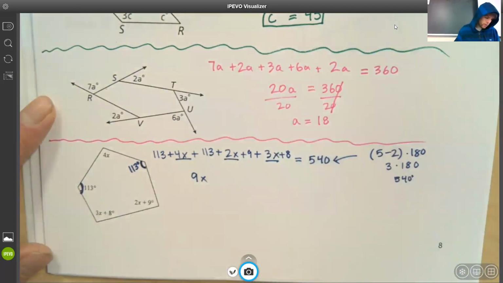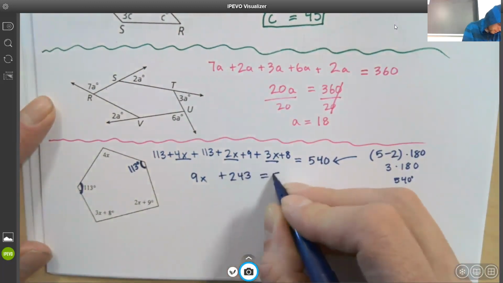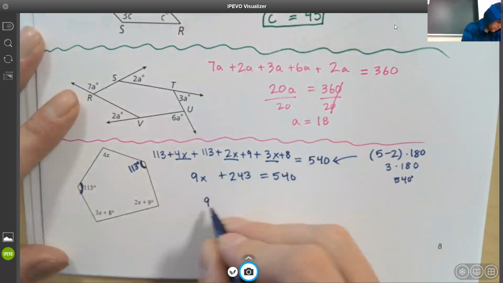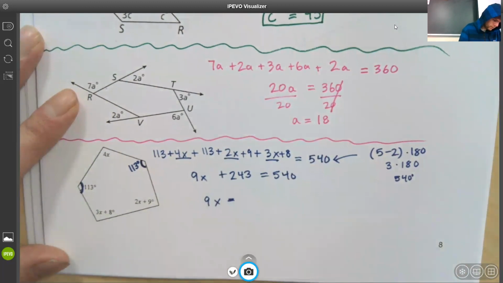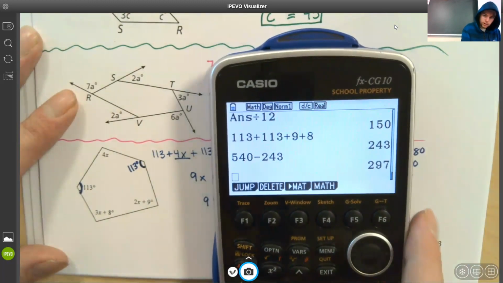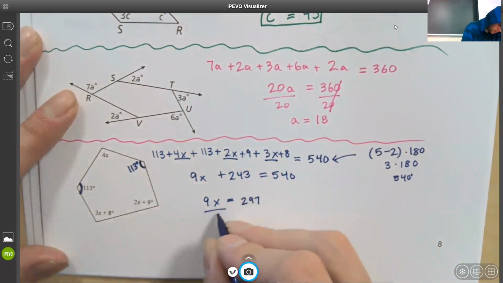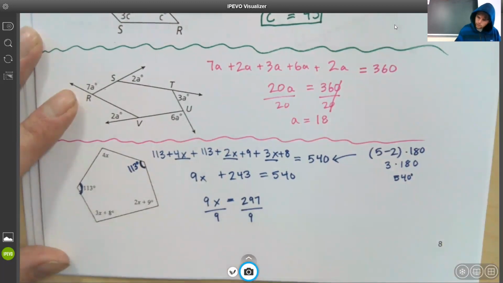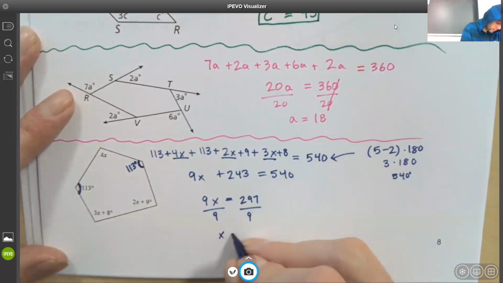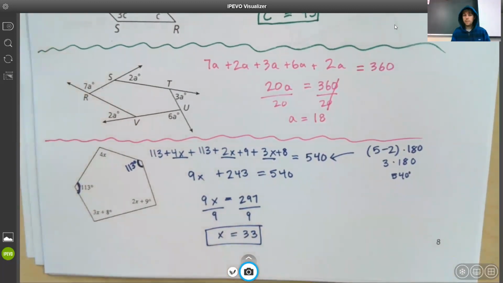Okay, so 243. And then it's just a matter of solving this. So there we go. We get x equals 33.